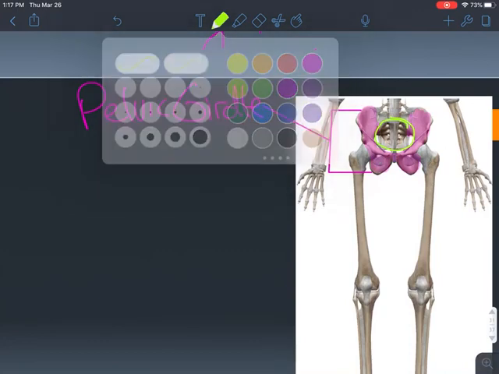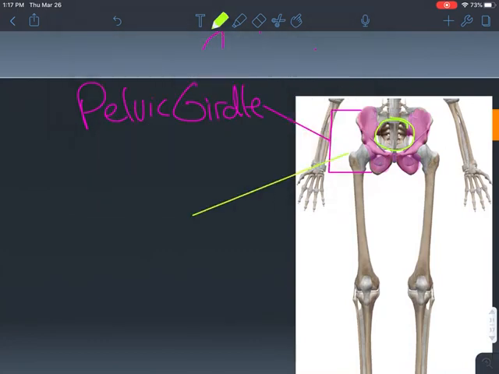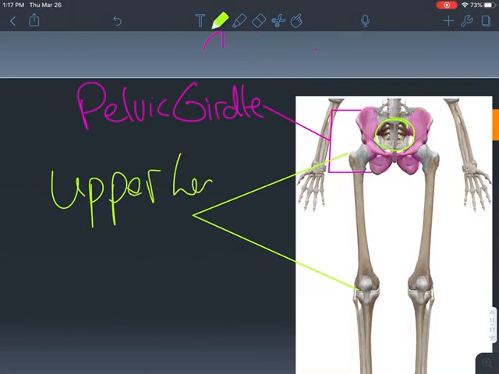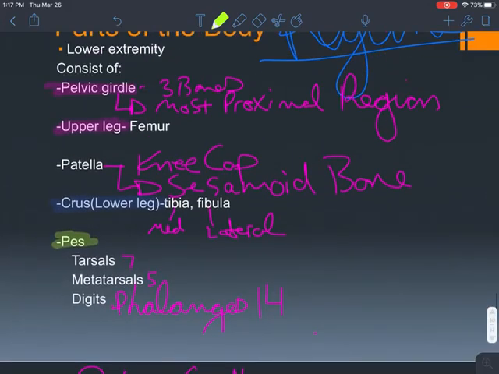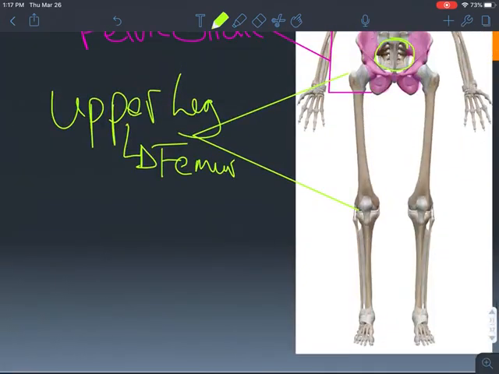And then you have the upper leg, consisting of your femur. Did I not put that up there? Yeah, it's up there. And then you have your patella.